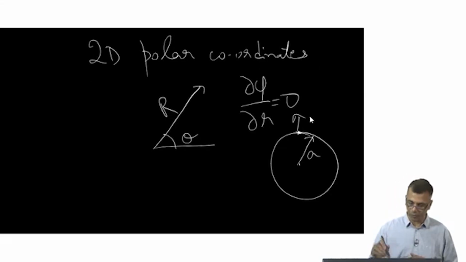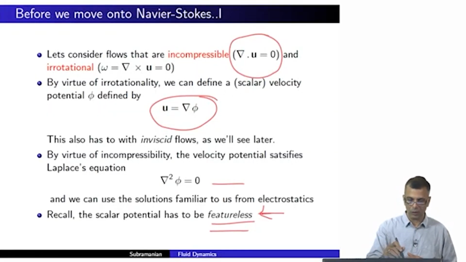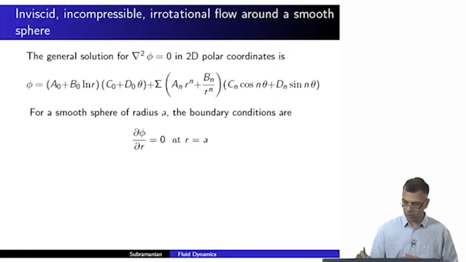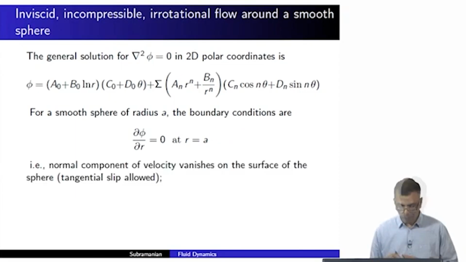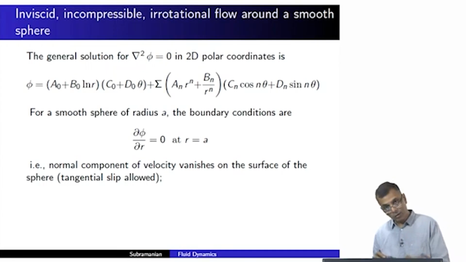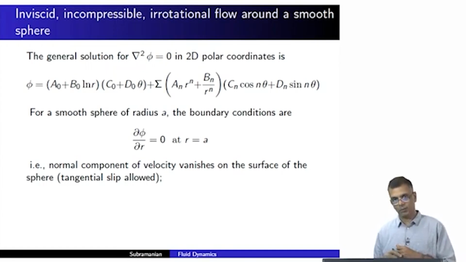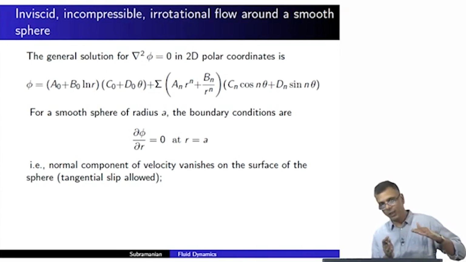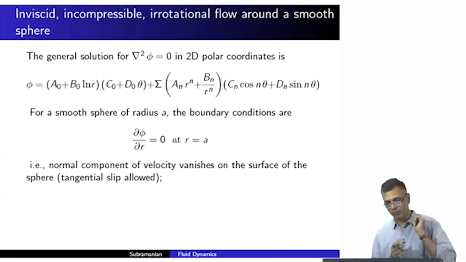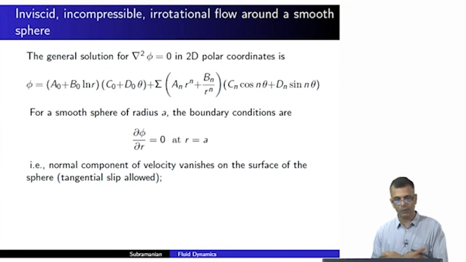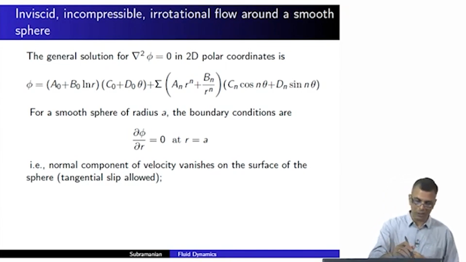So the normal component of the velocity is equal to 0. This is what we're saying with this statement. But the tangential velocity need not be equal to 0. In other words, you are allowing for infinite slip at the surface of the sphere. And this has to do with this adjective.